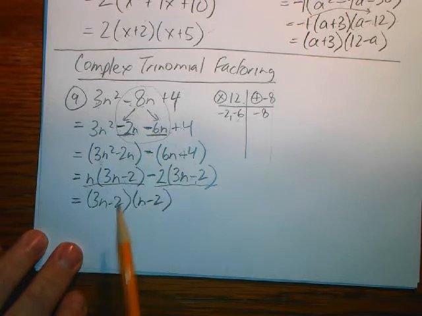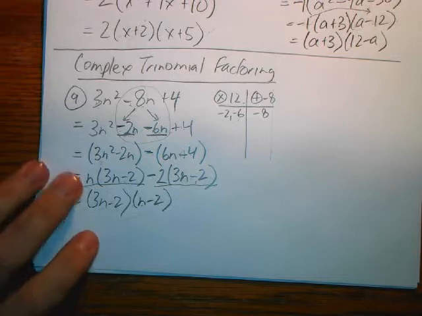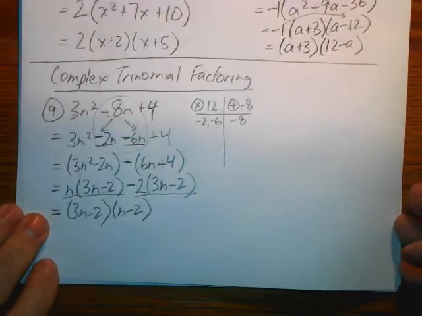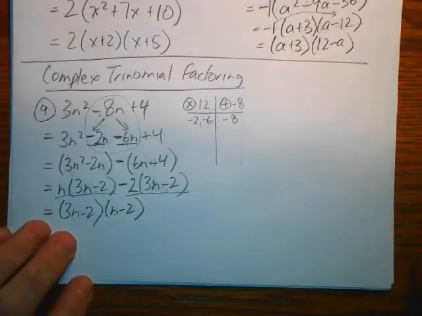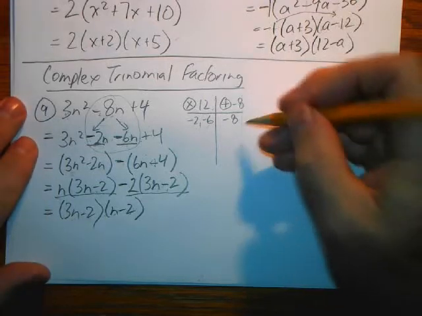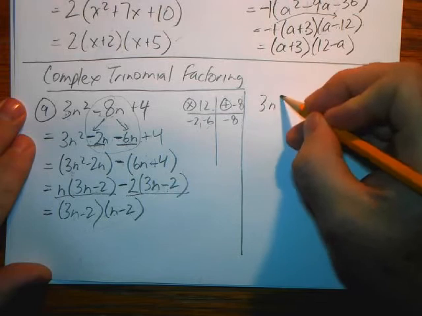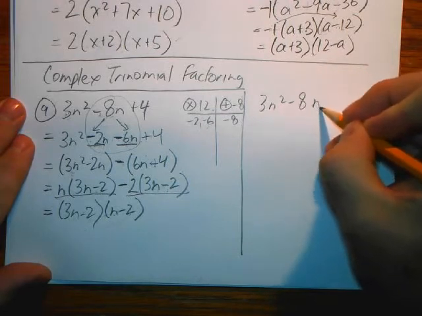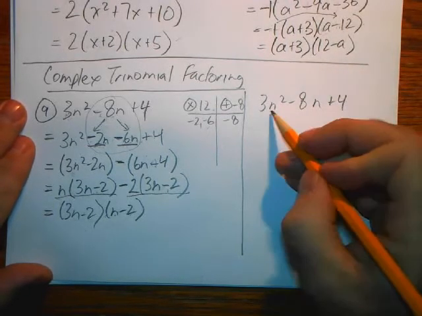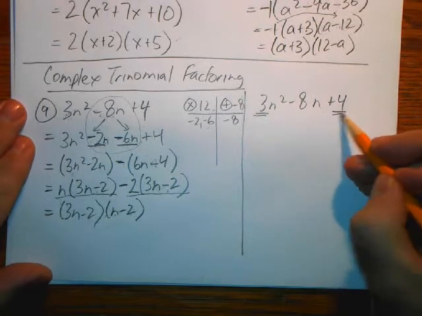Okay, so I'm going to show you the intelligent guess and check method. So I'll just draw a line down here. Same question. So 3n squared minus 8n plus 4. So the important things that we look at with the intelligent guess and check is we're going to look at the factors of the a and the c.